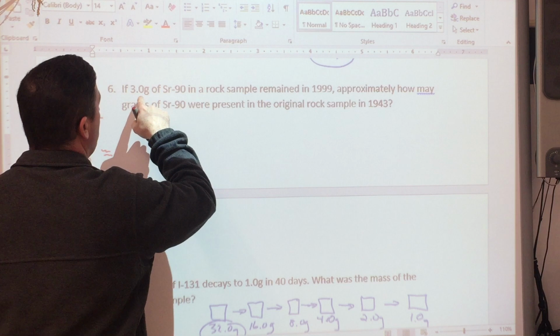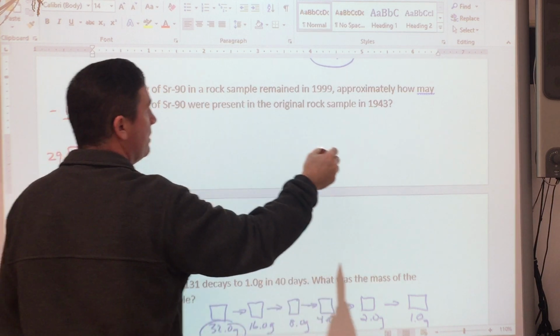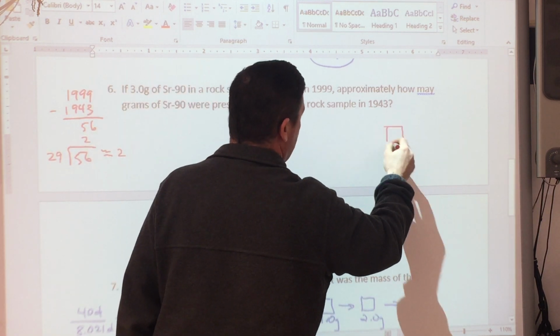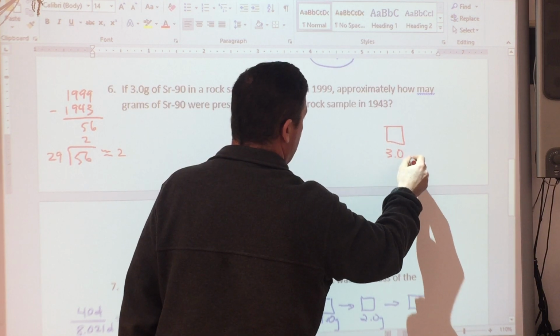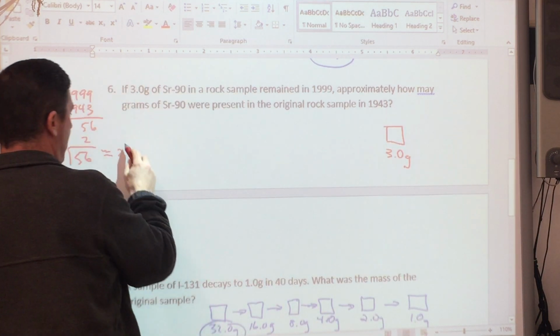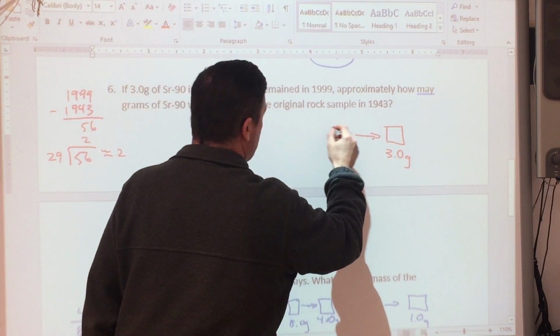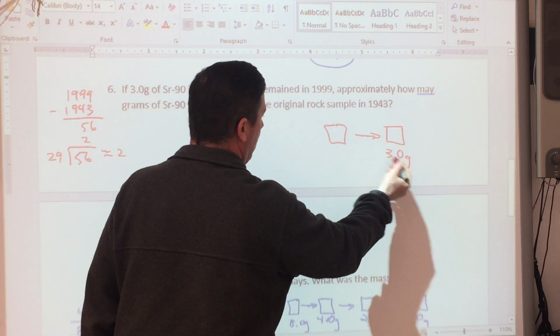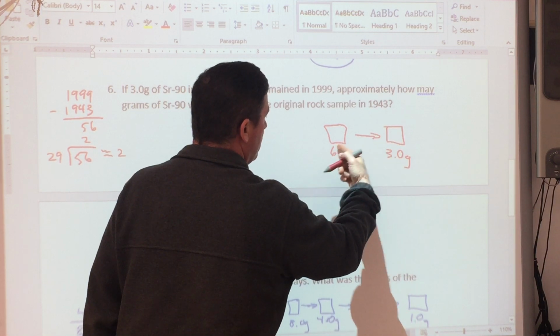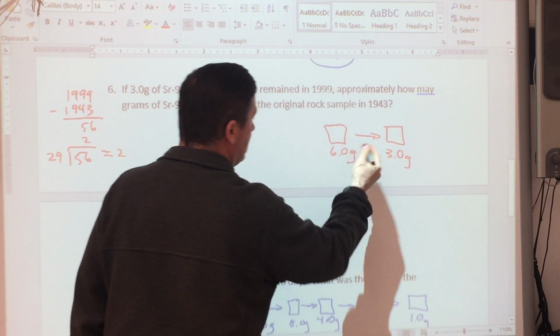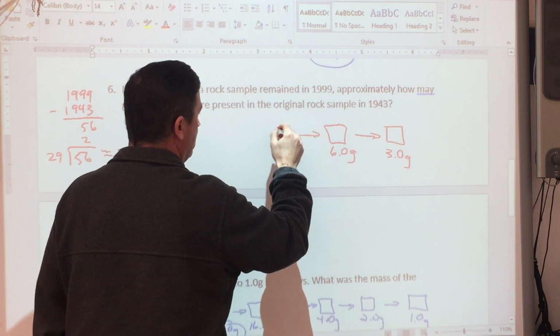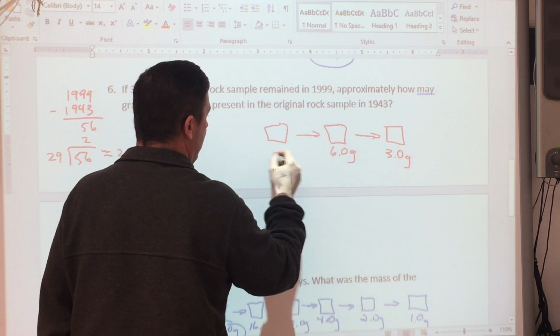Okay, so 3 grams remained. So this is the end, right? When it says remain, there was 3 grams left. How many half-lives do I have? 2. So I have to go backwards this time. 6 to 3, that's a half-life. Here's my second half-life.